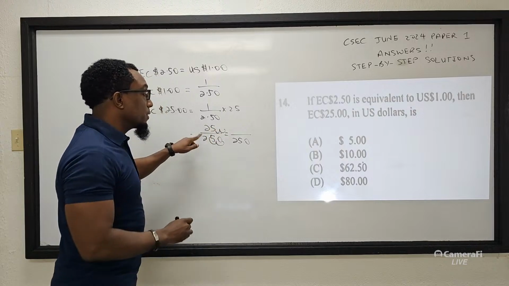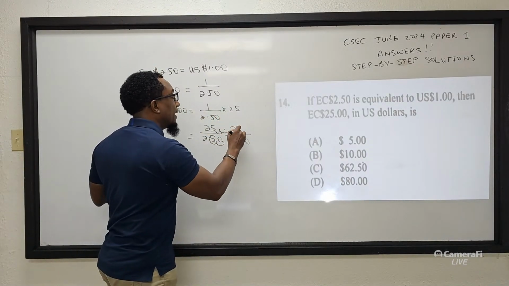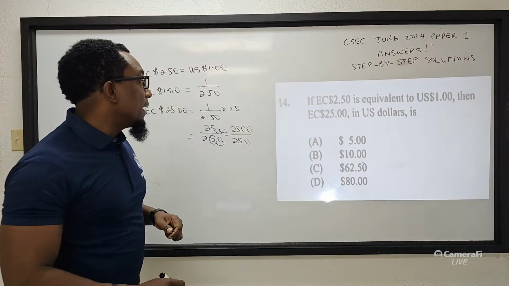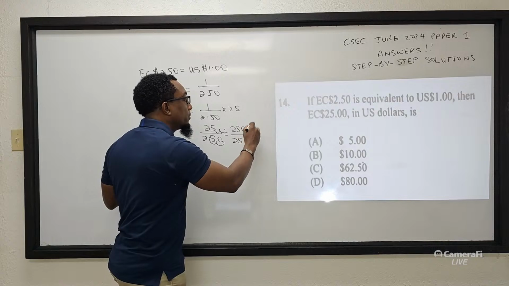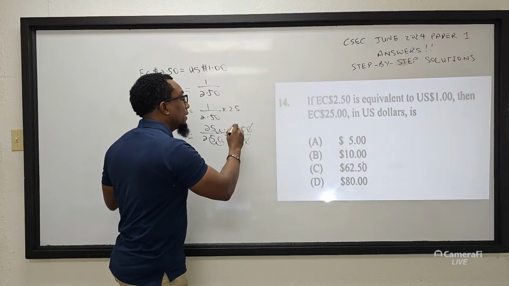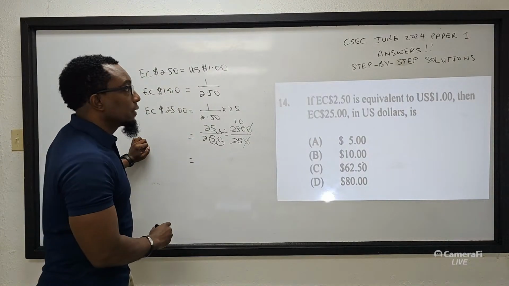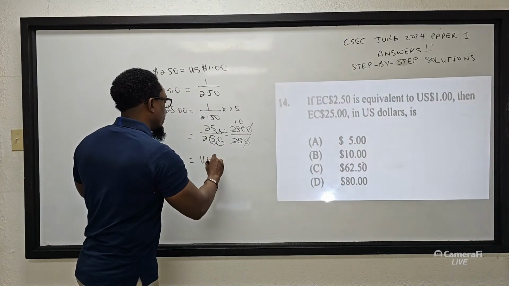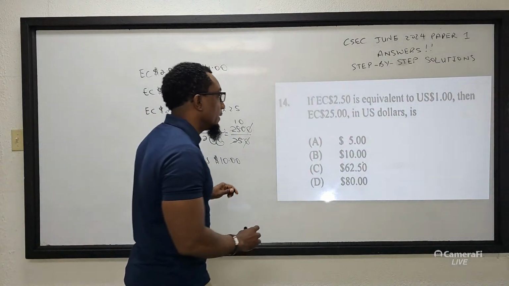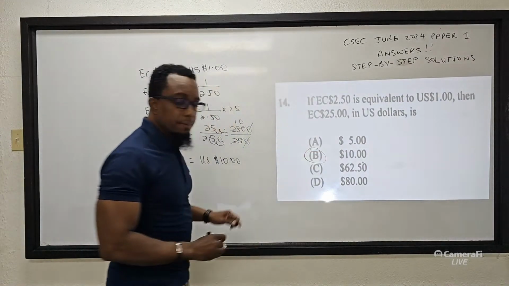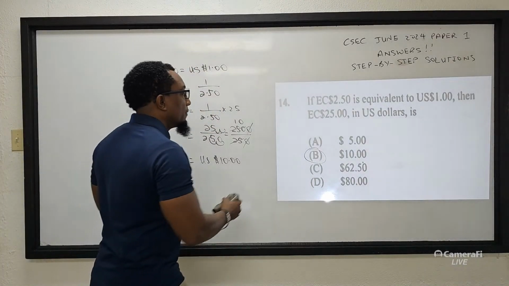What I do to my denominator, I must do to the numerator. So this becomes 2500, and when I divide 250 into 2500, 25 into 250 is 10. So this will be equal to US $10, whose answer for question 14 is B. So question 14B. Let's look at question 15.